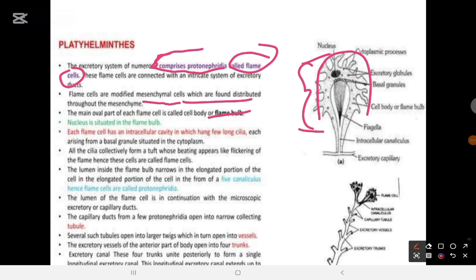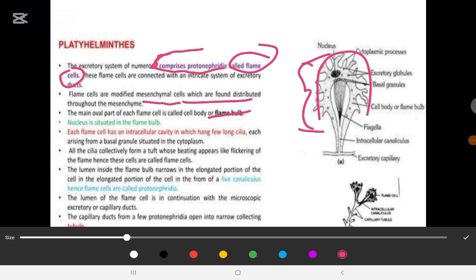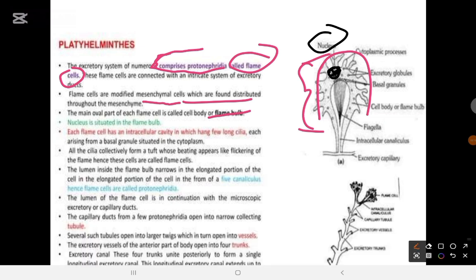Look at this structure here, let me change the color. This structure here is the nucleus. Each flame cell has an intracellular cavity, which you can see here, in which hang a few cilia, each arising from basal granules situated in the cytoplasm.